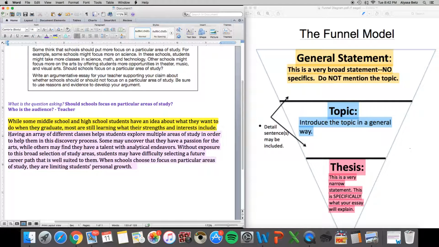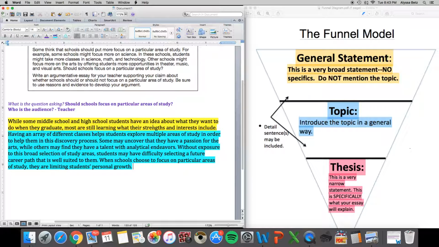So now I'm saying that having all of these classes, having math and science and technology and art and theater and music, helps to give us a whole bunch of different areas to explore and to see what we're interested in. So now I've introduced the topic at hand, and I've used this general statement that's not necessarily related to the prompt to introduce that topic that was in the writing prompt.